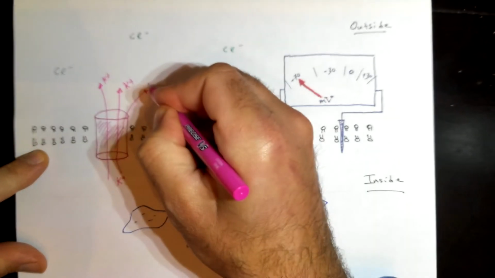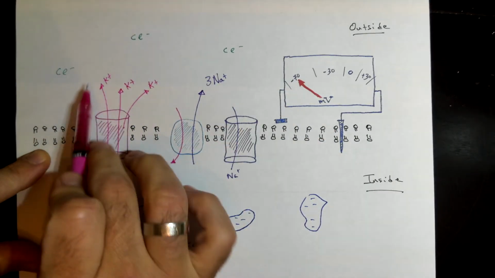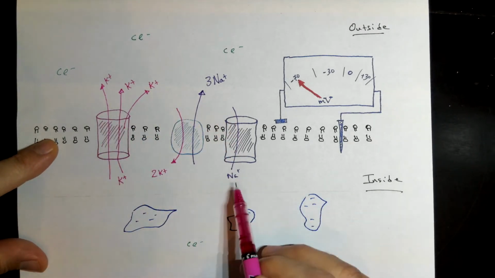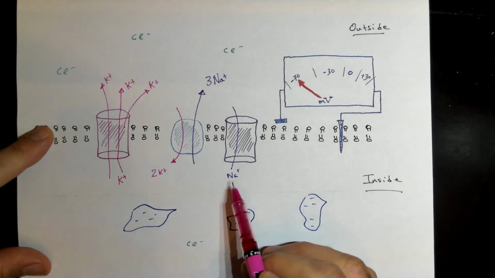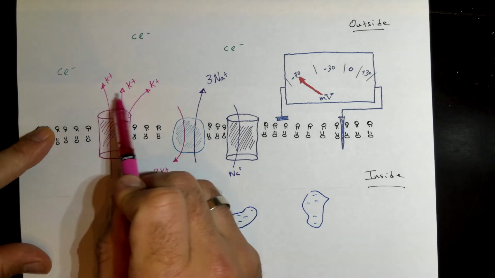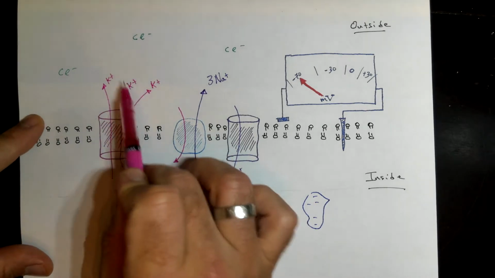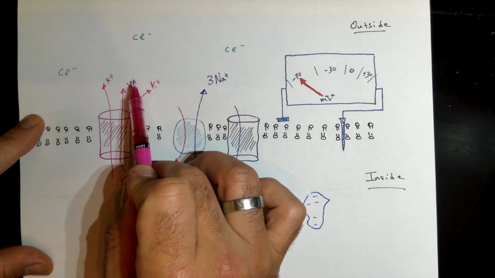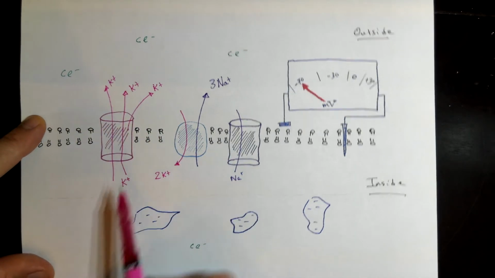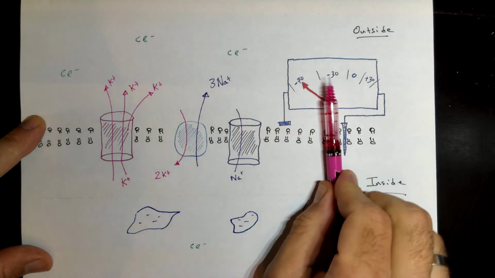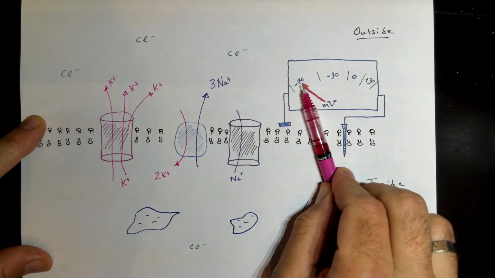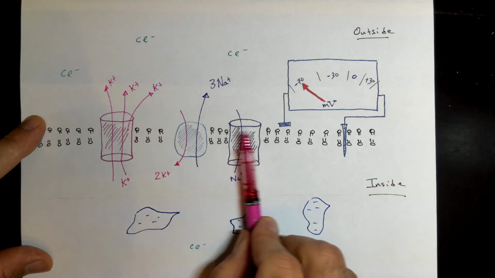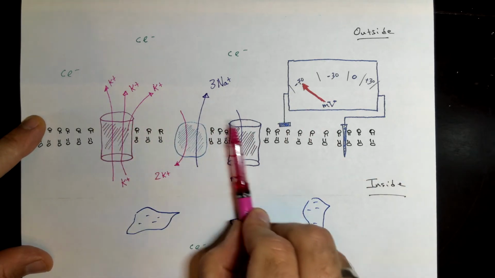That means that more positive stuff is leaking out compared to positive stuff leaking in. Well, if more positive stuff is leaking out, that means the outside becomes even more positive. Or, if you think about it differently, the inside becomes even more negative, right? So it keeps moving this way as these leaky channels have their effect as well.